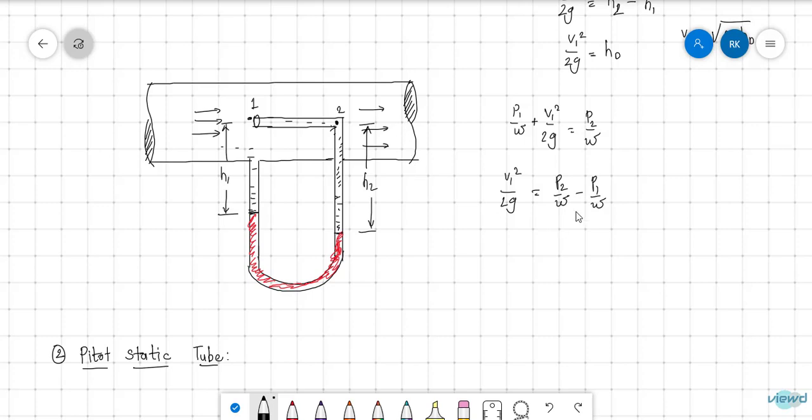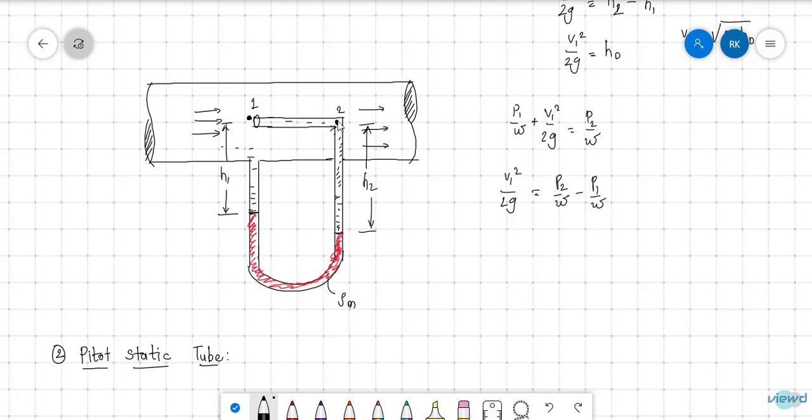In the first case, directly we can write H2 minus H1, and that was the difference between the piezometric height and pitot tube height. But in this case, there is a manometric fluid of density rho m. So how to calculate in terms of this? We know that in manometer problems, we have seen how to calculate the pressure difference.